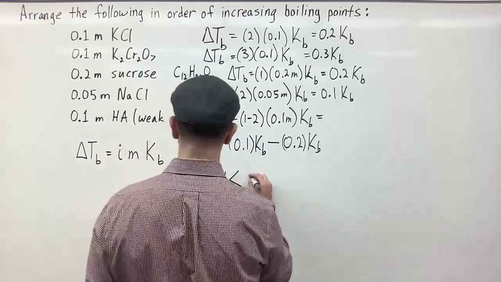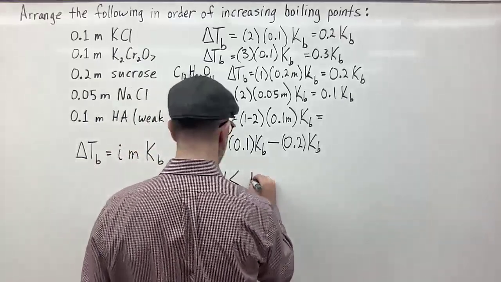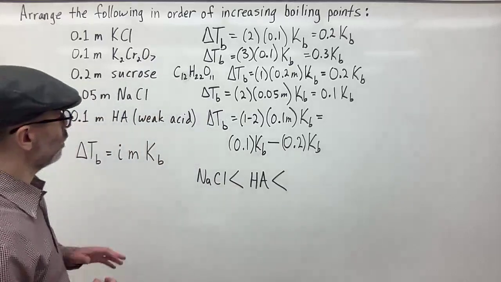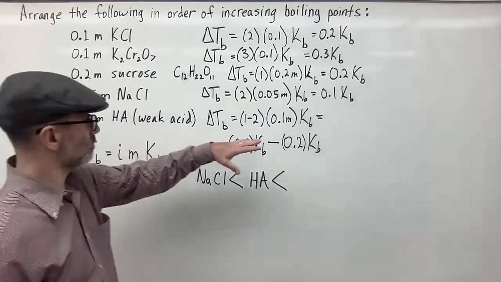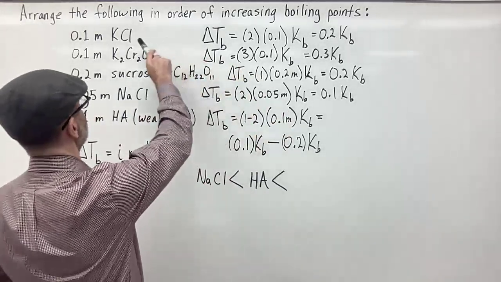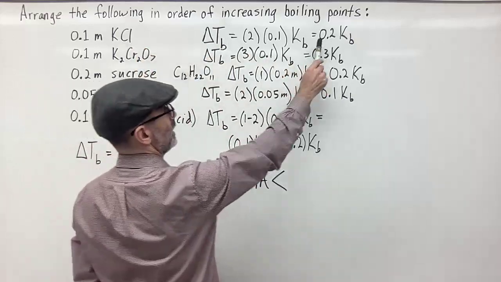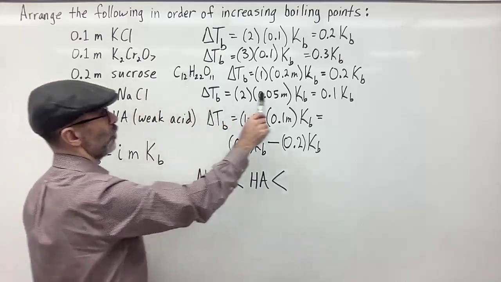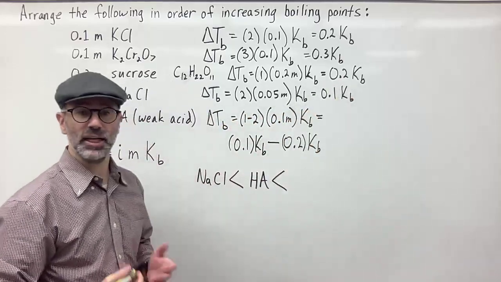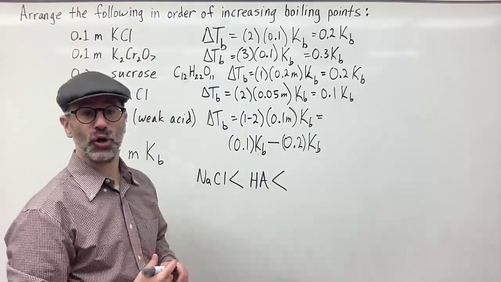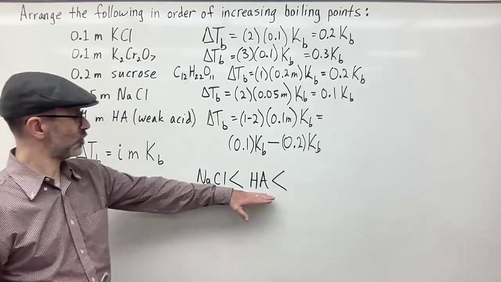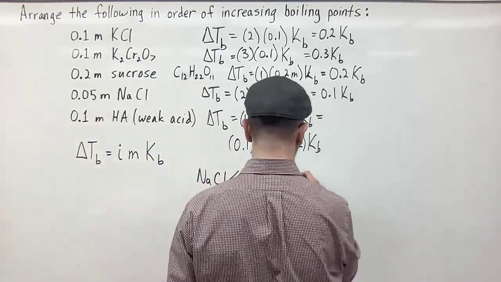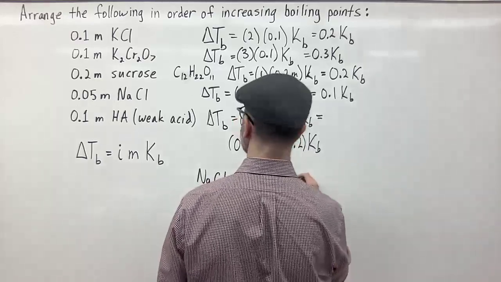So the next one would be your HA, followed by the KCl solution, which is 0.2 Kb, and also the sucrose solution, which is also 0.2 Kb. Those are greater compared to the weak acid, so they're going to have a larger boiling point. So that means they're going to be equal.